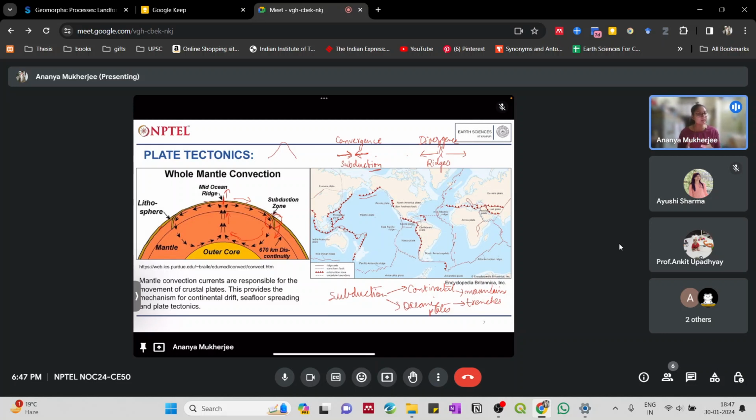It starts converting into mantle material immediately. So owing to the composition, we find deeper trenches between ocean and ocean than between ocean and continent. Yes, ma'am. Thank you.